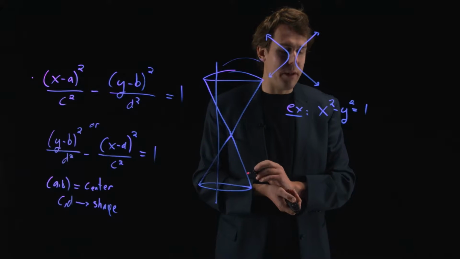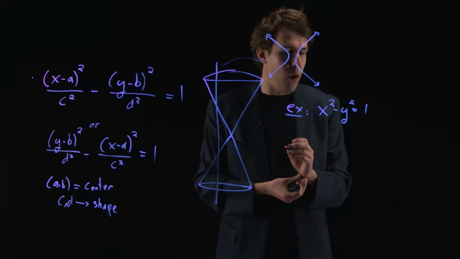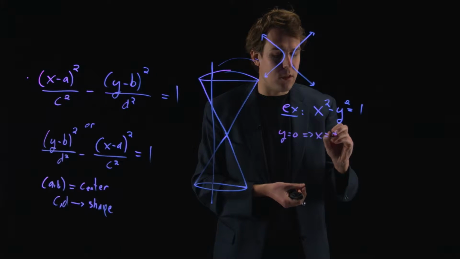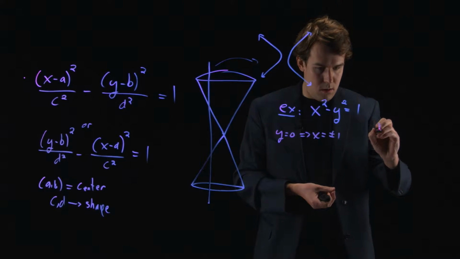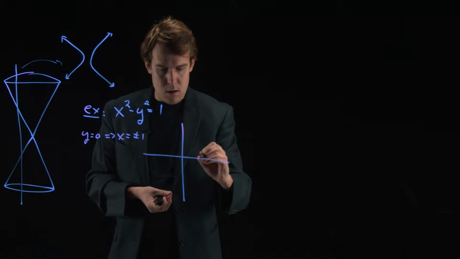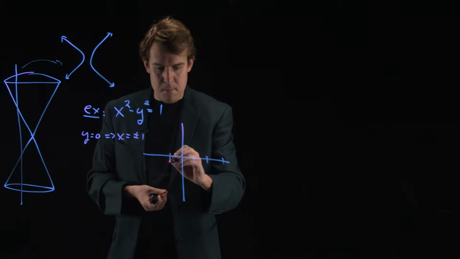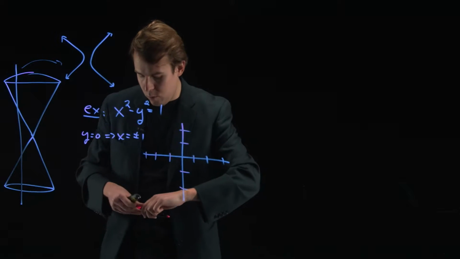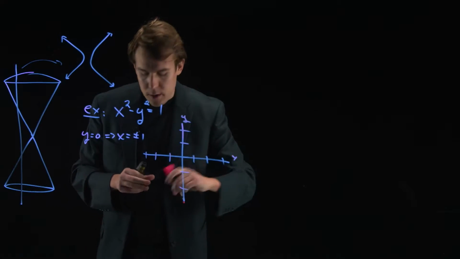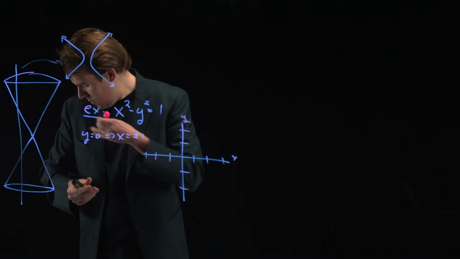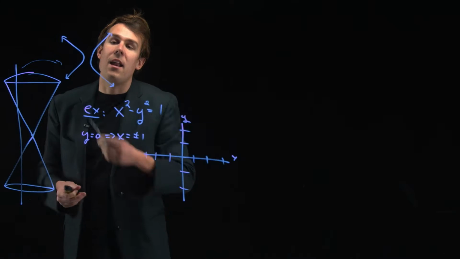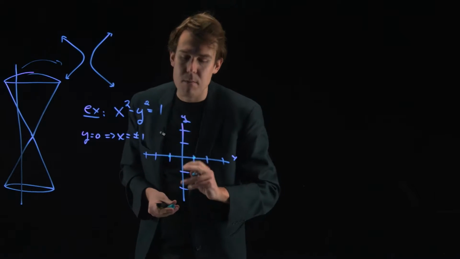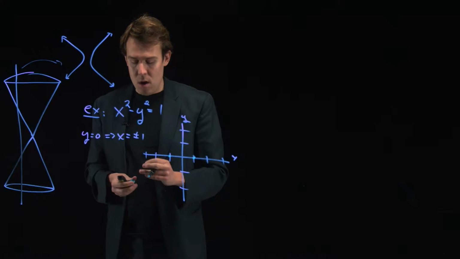So let's think about some points that are on here. If y is equal to 0, then I need to take x to be plus or minus 1. So plotting a few points to get a lay of the land, x is 1, y is 0 is on it, and x is minus 1, y is 0 is on it.